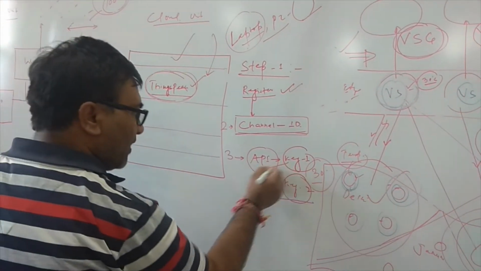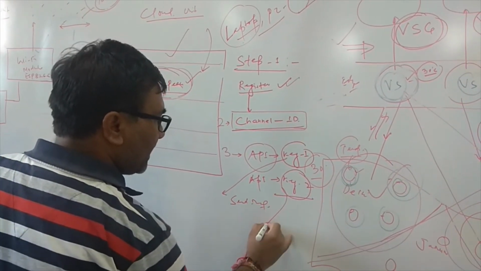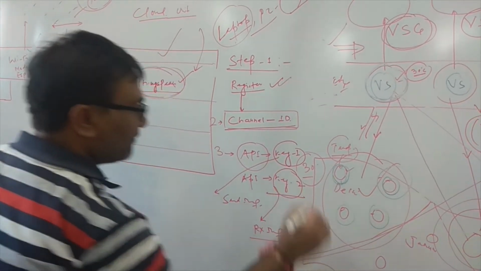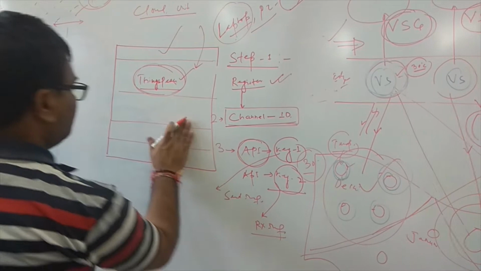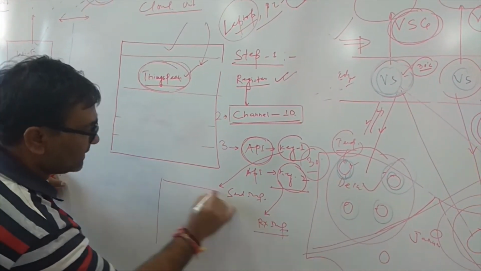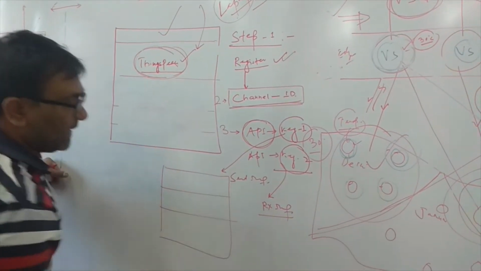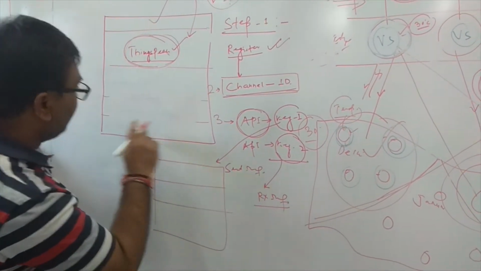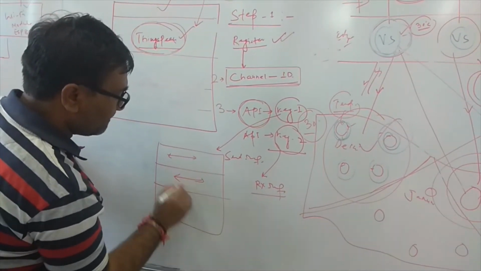API key 1 is to send the information, and API key 2 is to receive the information, right? So there are two types of key generated, and basically this information is in tab format. After this an authentication key is also generated. The same key you receive will be filled here.